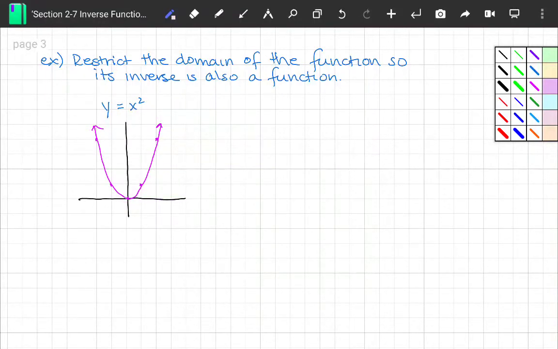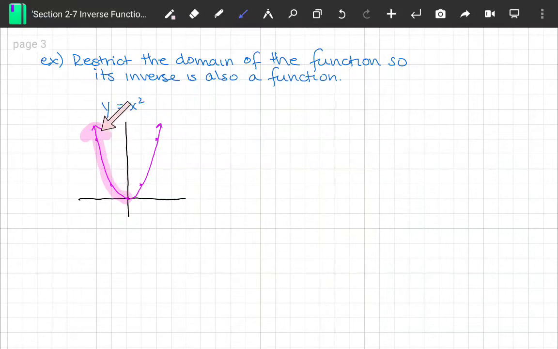And honestly, you could look at just this part of the graph. You could look at just the left-hand side, and that would pass the horizontal line test. However, that involves the negative numbers of x, the negative inputs. Typically, we try to stay away from that, so we can.